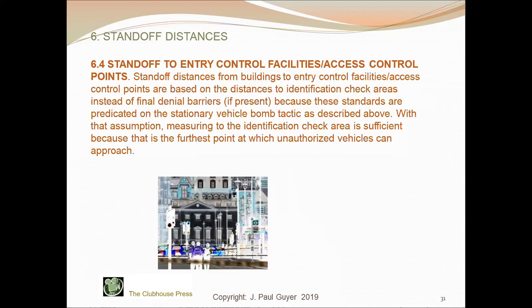The final denial barriers can be different things, heavy concrete jersey type barriers or a zigzag vehicle approach to a building to slow the vehicles down. But the standoff distance to the access control point is that point where identification of individuals takes place.